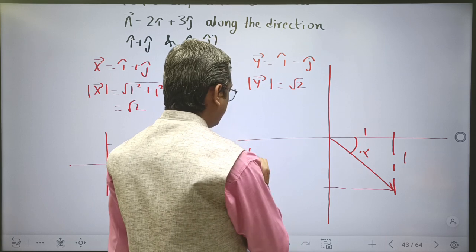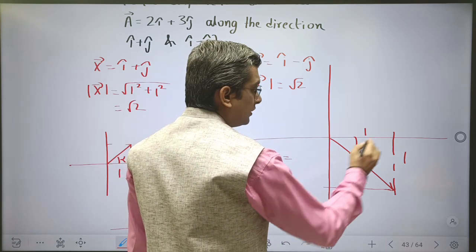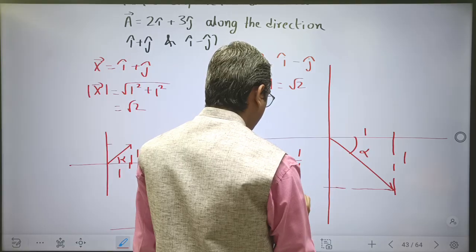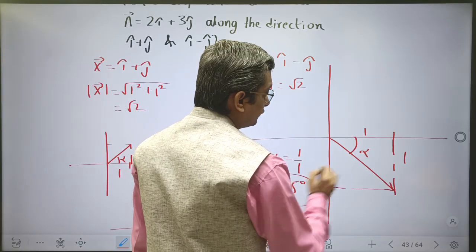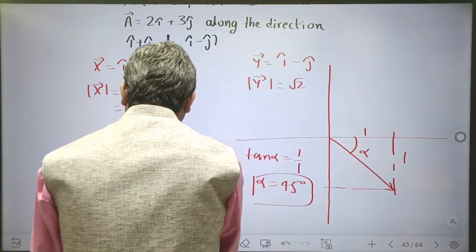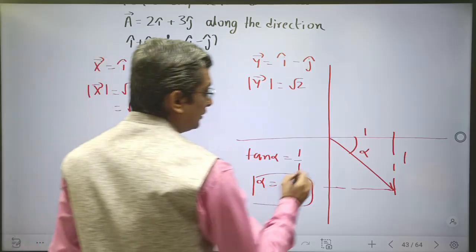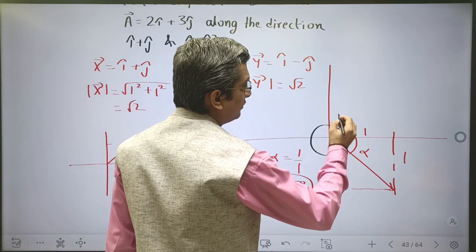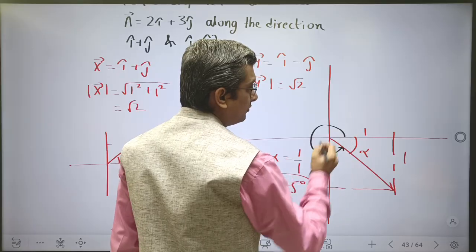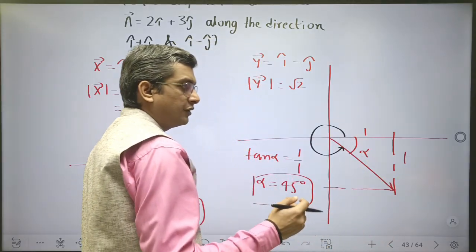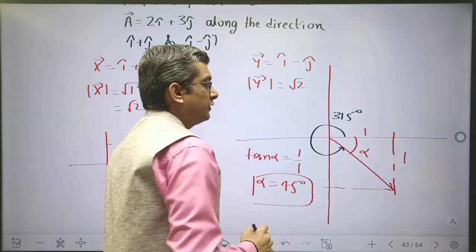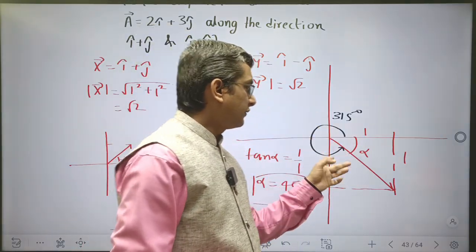So this tan alpha is given by 1 by 1, and this alpha is equal to 45 degree, isn't it? So this is 45 degrees. So this value from positive x-axis, if you take, so this value will be given by 360 minus 45 degree. So this will be 350, 340, 330, that is 315 degree. So the direction is 315 degree from the positive x-axis.